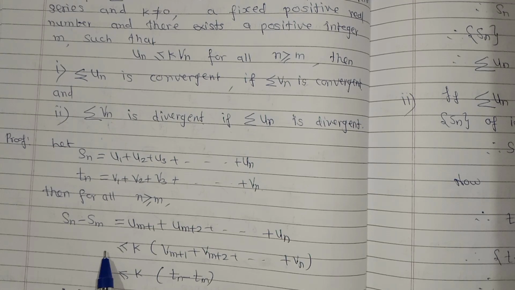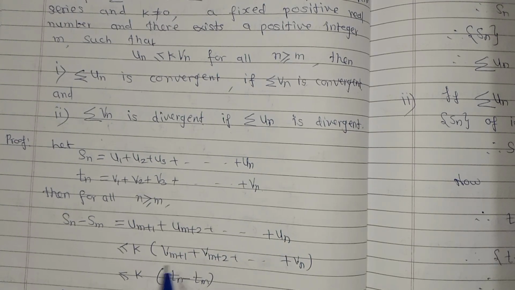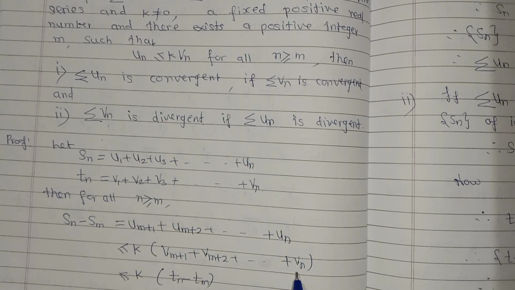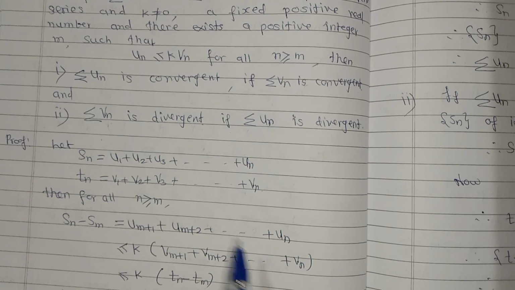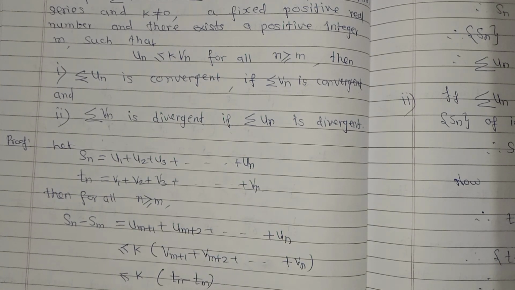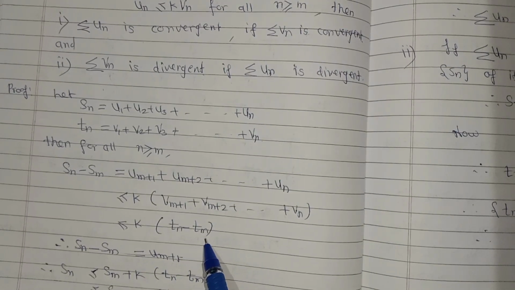Sn minus Sm equal to um plus 1 plus um plus 2 plus up to un, which is less than or equal to k into bracket vm plus 1 plus vm plus 2 plus dash dash dash plus up to vn, as un is less than or equal to k vn. Hence Sn minus Sm is less than or equal to k into bracket Tn minus Tm.